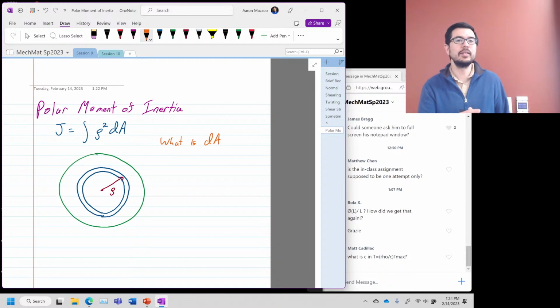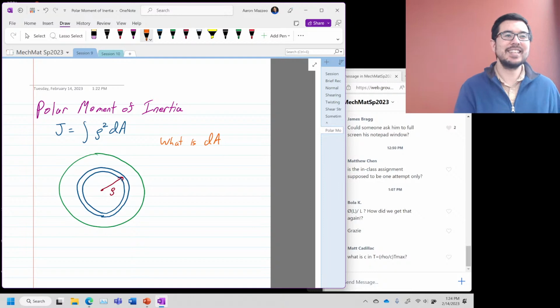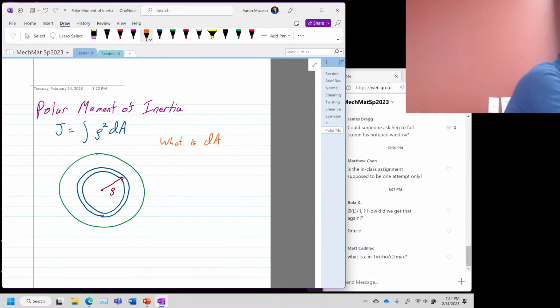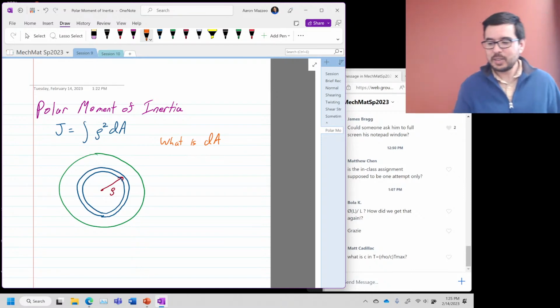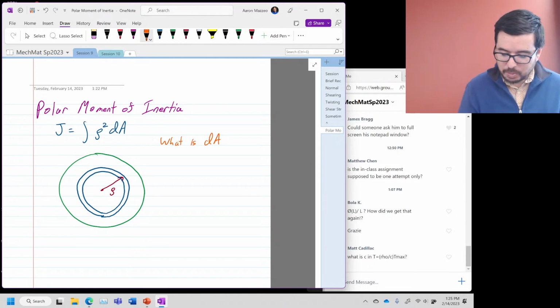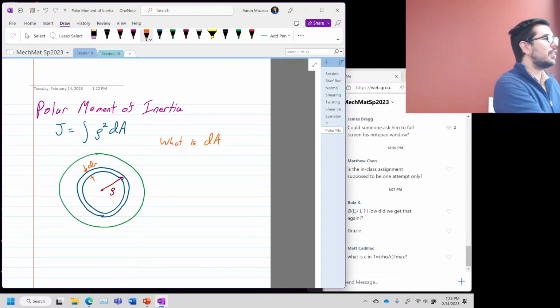Is it pi rho squared d rho? Okay, very close. We're going to do an approximation that this is a very thin piece. We're going to say that this piece has a width of dr. Now, is that making it clearer?